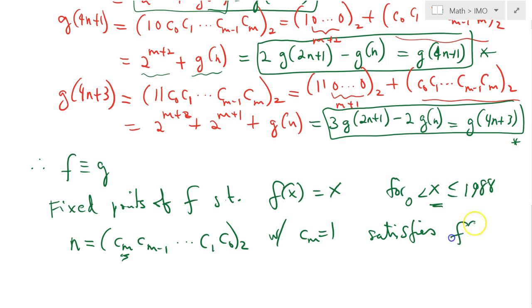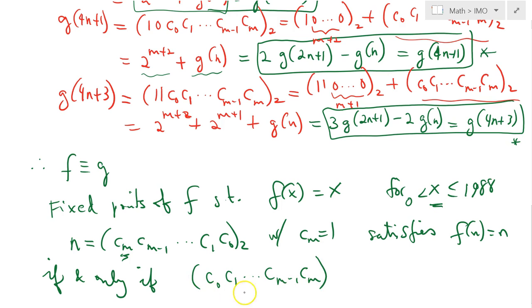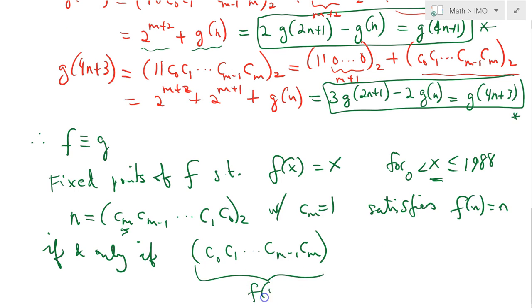f of n equals n if and only if, so it's an if and only if statement, if and only if the binary expansion is symmetric. So this is f of n in binary, c sub 0, c sub 1, all the way to c sub m minus 1, and this is n in binary.